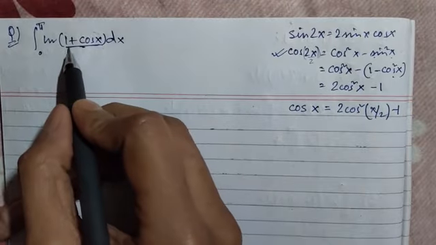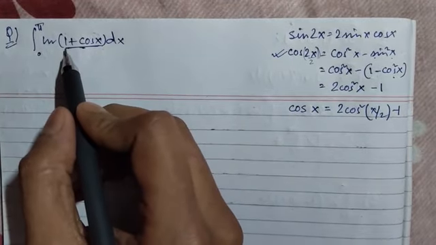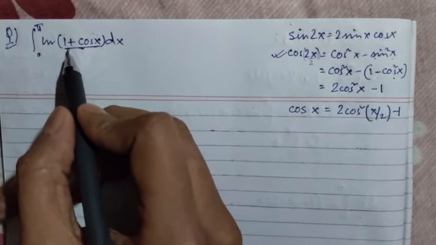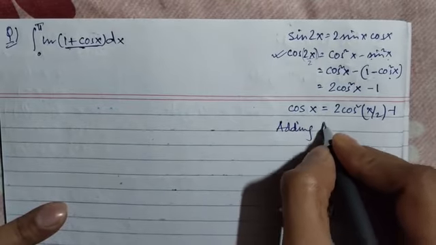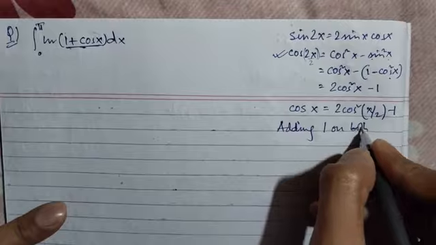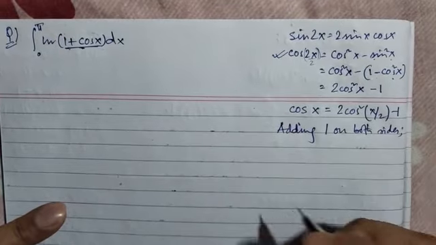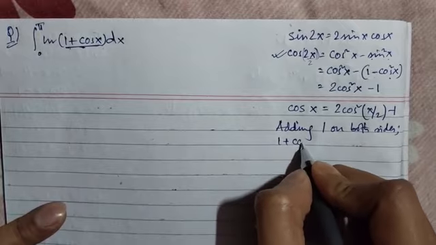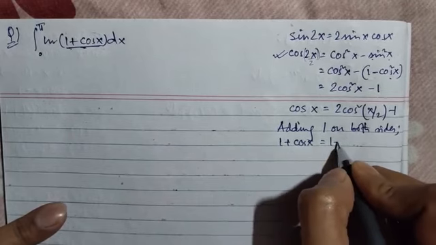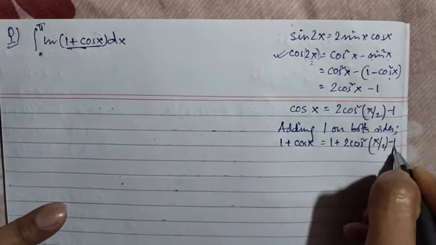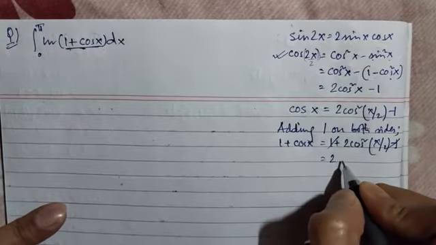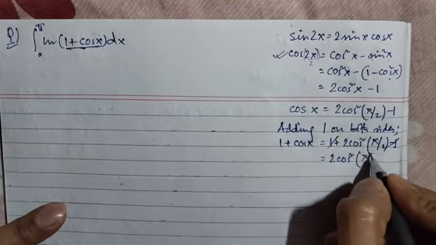Now to get the answer for 1 + cos x, what we can do is add 1 on both sides. We get 1 + cos x equals 1 + 2 cos²(x/2) minus 1. Now minus 1 plus 1 gets cancelled, so we get 2 cos²(x/2).